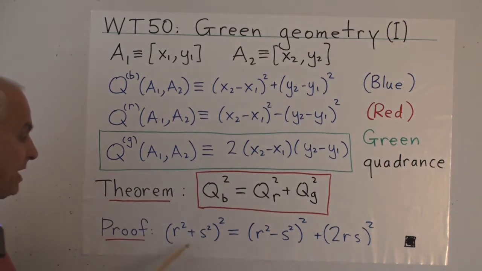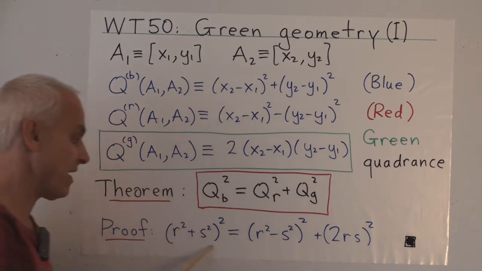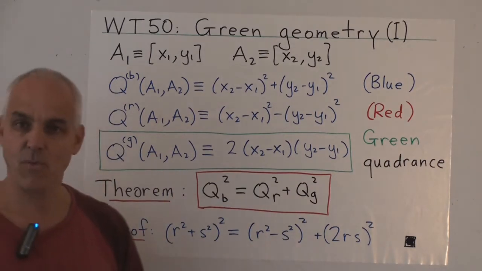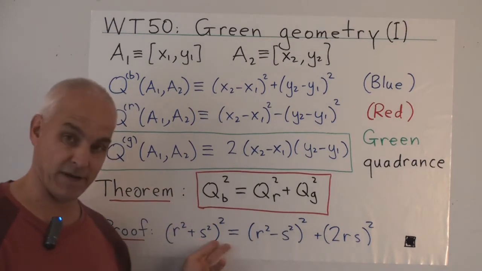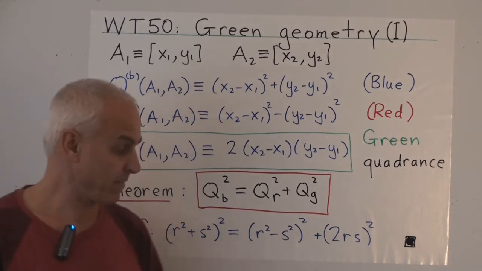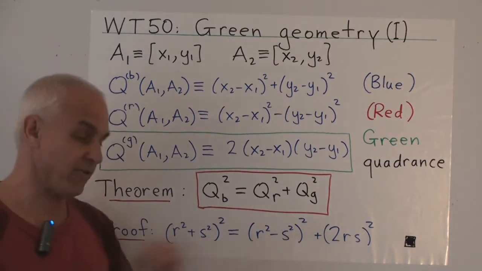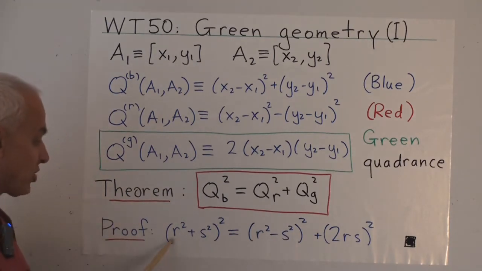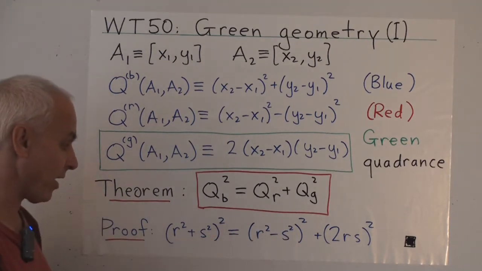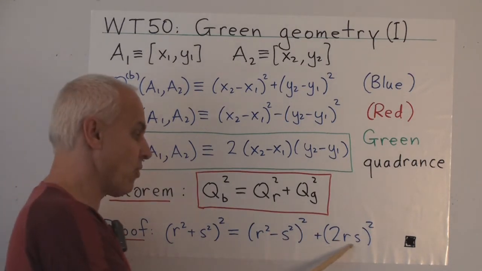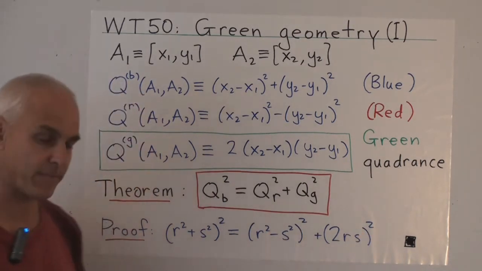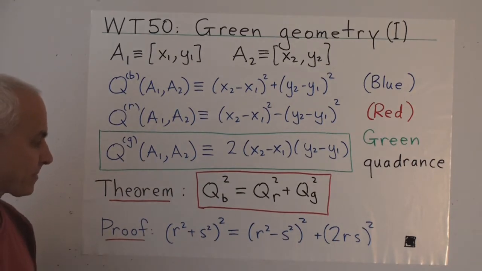And the proof is an immediate application of this very fundamental identity, which is, next to Fibonacci's identity, the second most important identity in mathematics, probably. It goes back to the Pythagoreans. And it says that (r squared plus s squared), all squared, equals (r squared minus s squared), all squared, plus (2rs), all squared, for any values of r and s.